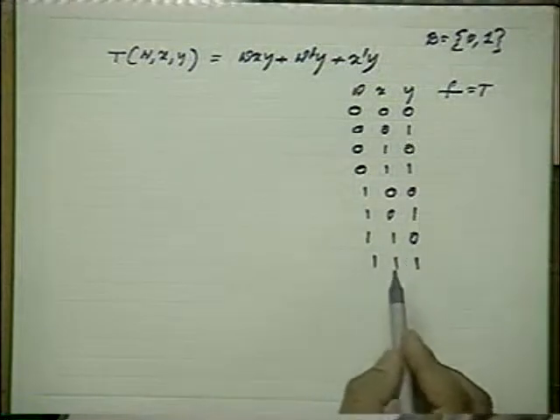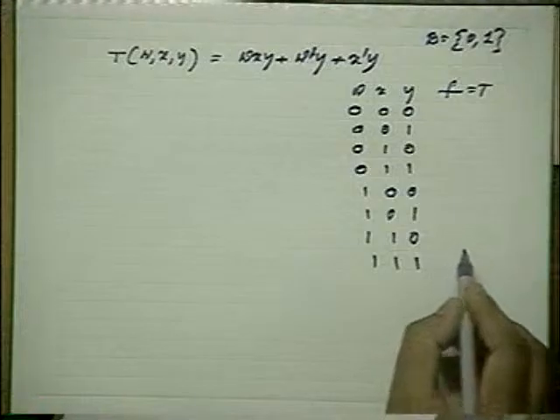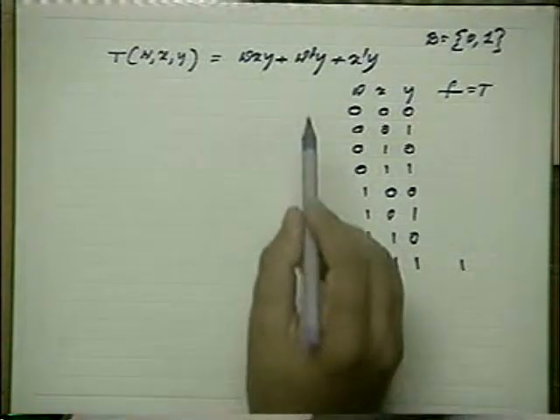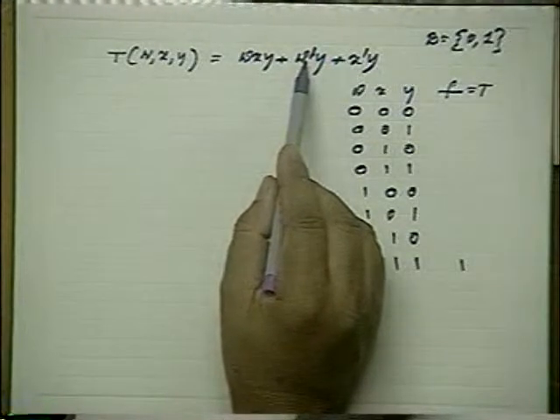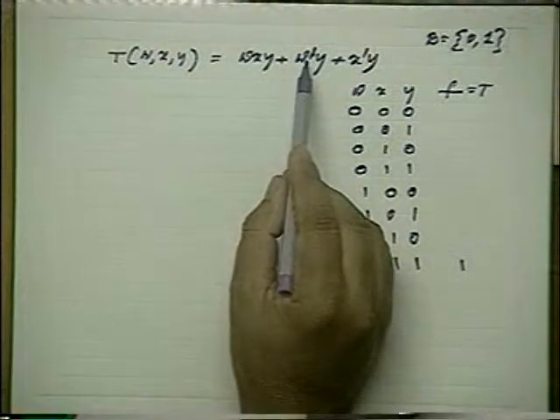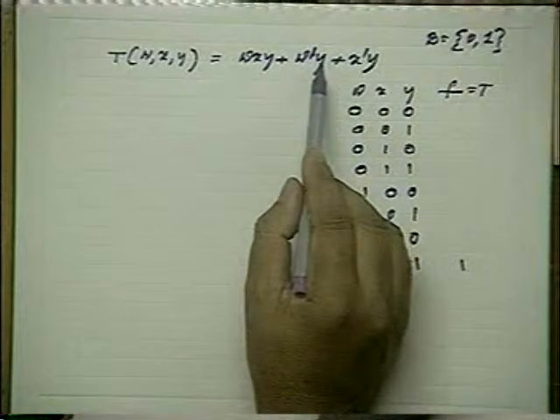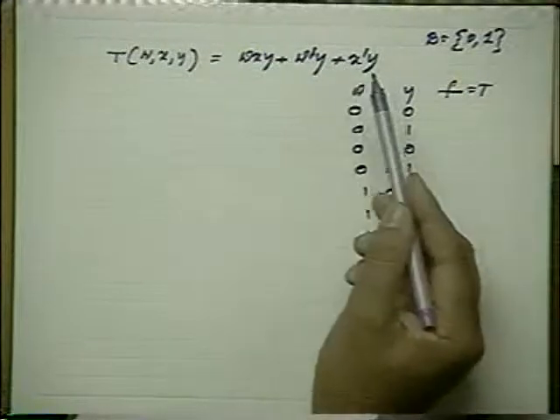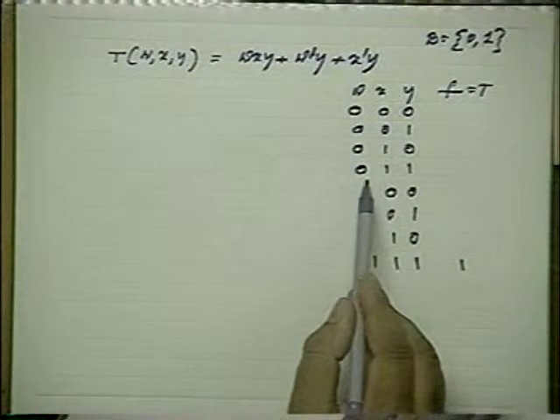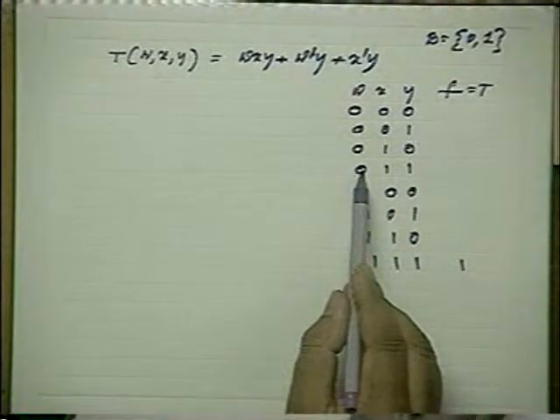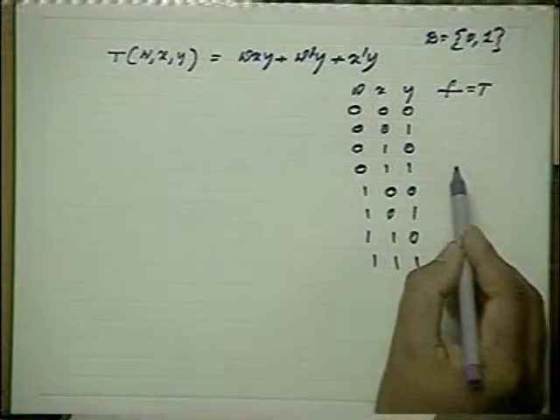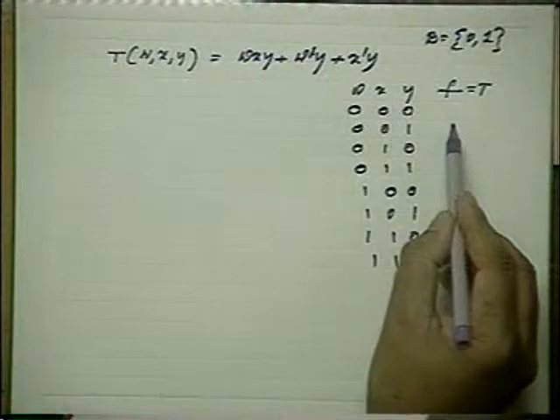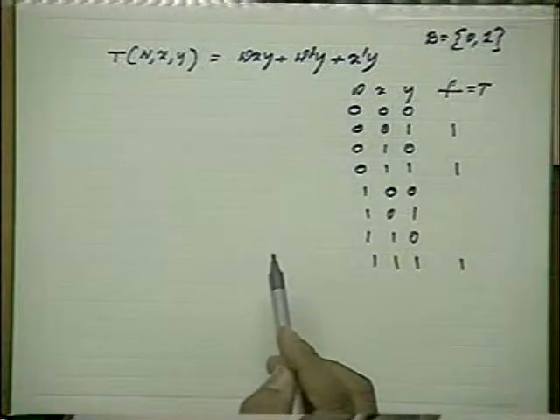Now, let us see w, x, y all 1, therefore here I have a value of 1, right. Now, w bar y, whenever w bar means w is equal to 0, and y equal to 1, then that expression will have a value of 1. Let us see w bar and y. W bar and y is this combination, therefore we have a 1 over here. W bar and y is this combination, therefore we have a value of 1 here, right.